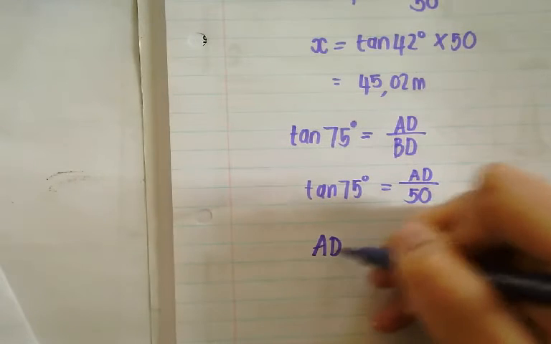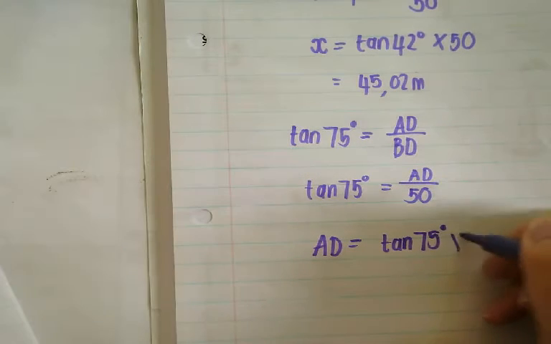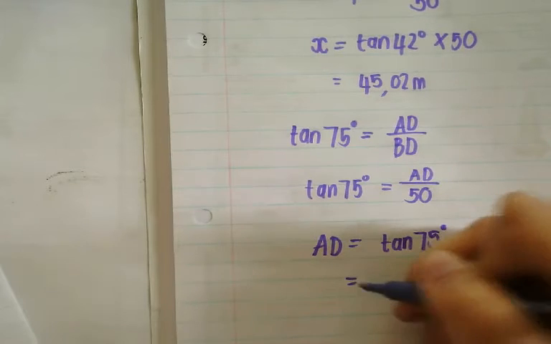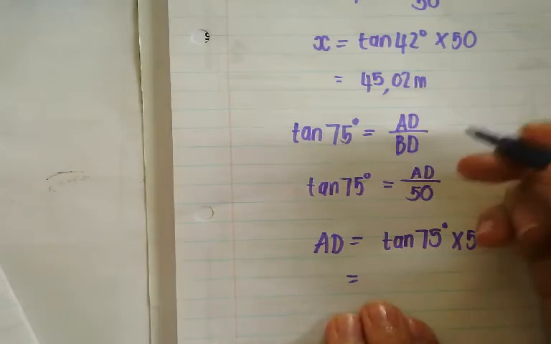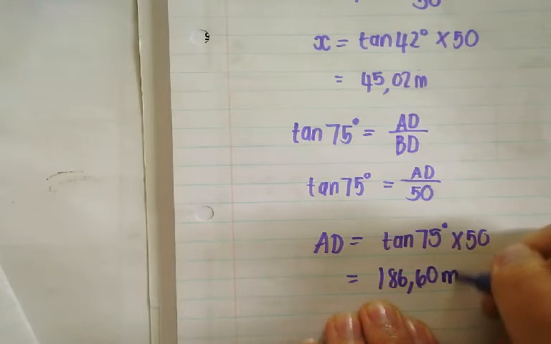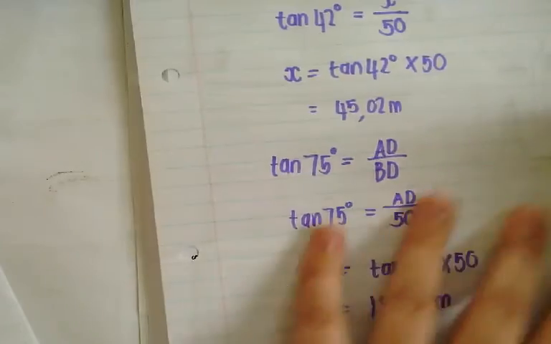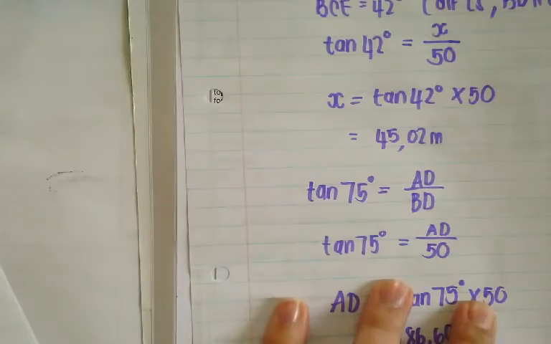Solving for AD, once again, we are going to multiply. Close that bracket because I just almost didn't. Telling me that it's 186,60 meters. So now I know AD and I know DC, so what's the full height of my tower?